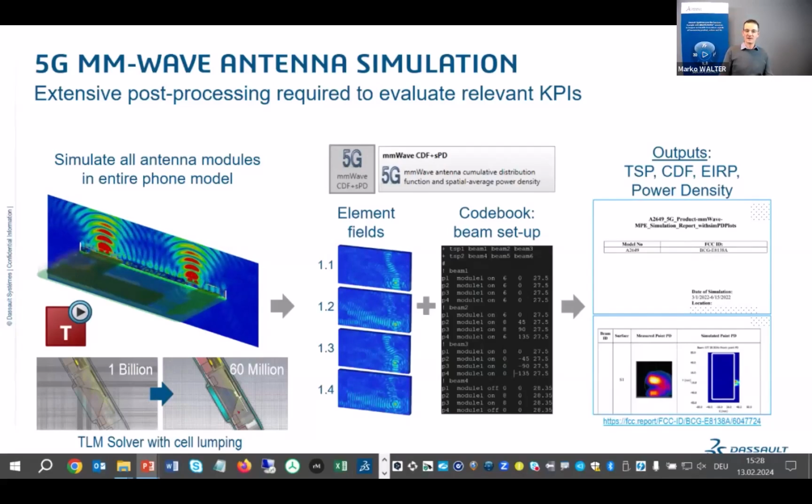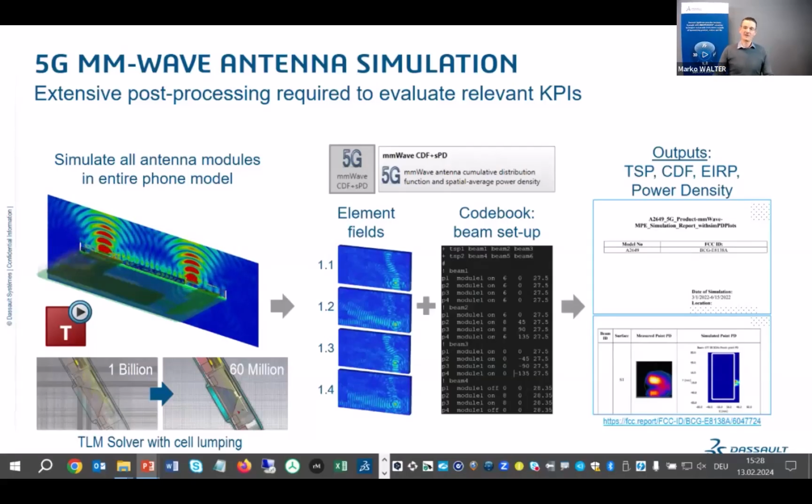As we said, there are some millimeter wave arrays in our phone that we showed earlier. But what we'd actually like to see is the total scan pattern, for example, or the cumulative distribution function of the EIRP, the equivalent isotropic radiated power, and then the power density on particular planes when we think about certification, which we'll talk about later.